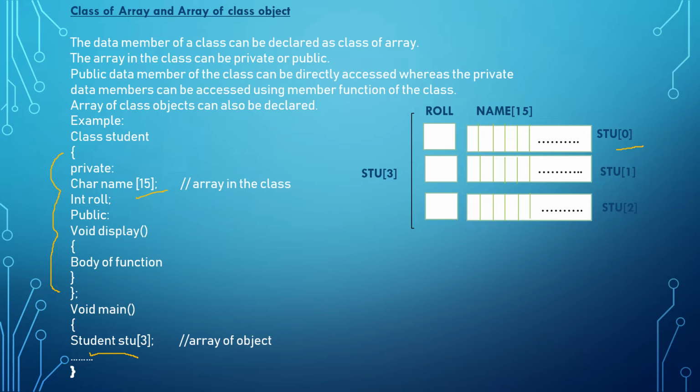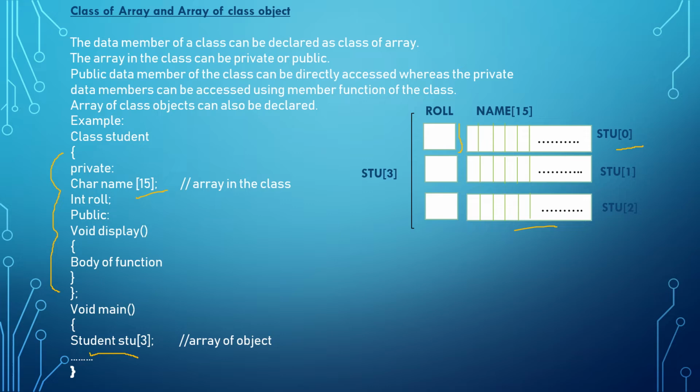So if we want the contents, the first roll number will be stu index 0 dot roll, and for this section stu 0 dot name, and for this again stu 1 for roll number and name, and this will go with stu 2. So this is how an array will be used with an object.